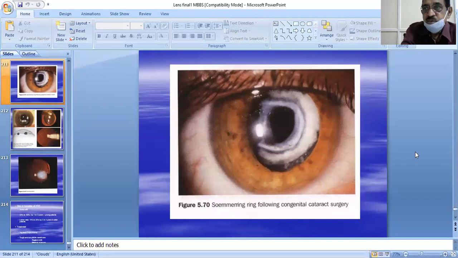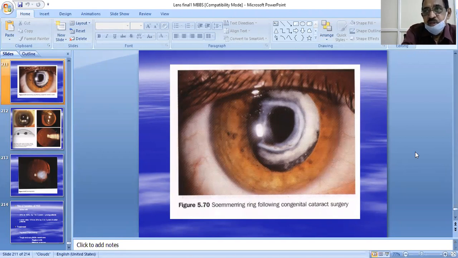So before inserting any of these IOLs, you will have to calculate the power of the IOL. The power of IOLs you can calculate by certain formulas.